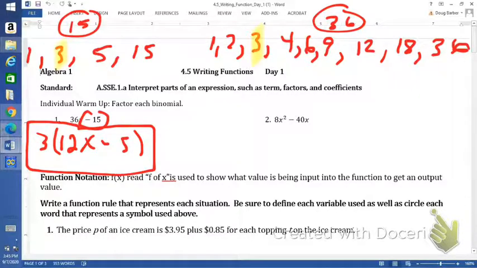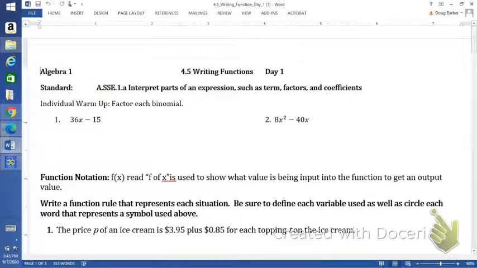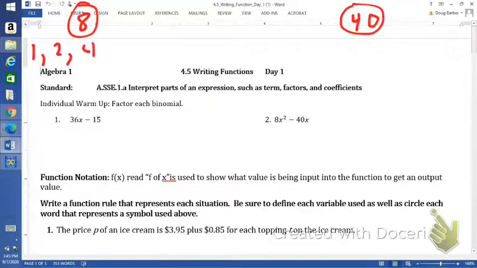For the next one, 8x squared minus 40x. Two terms again. Write down the two numbers, 8 and 40. We know that the factors of 8 are 1, 2, 4, and 8. We found this multiple times in last lesson.